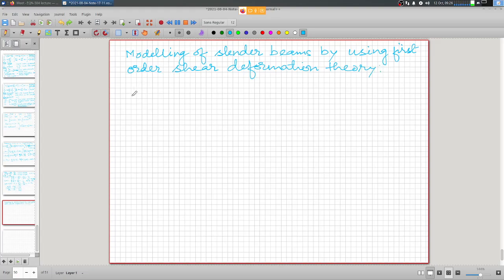Right, so shear deformation is given by dV by dx minus theta.